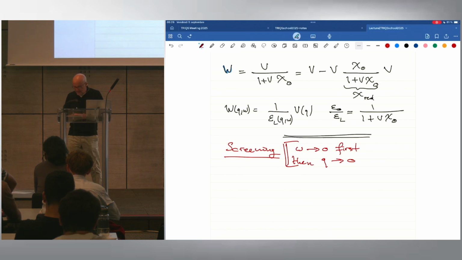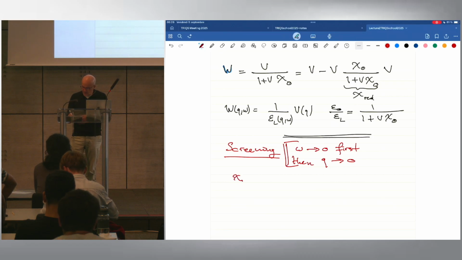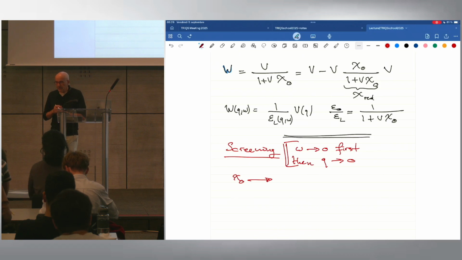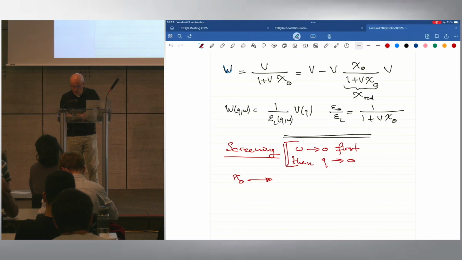If you do that, and we stay at the level of linear response, chi naught in this limit simply goes to the compressibility of the free electron gas, right? So it goes to kappa naught. I'm going to have to be a little careful about writing things correctly.